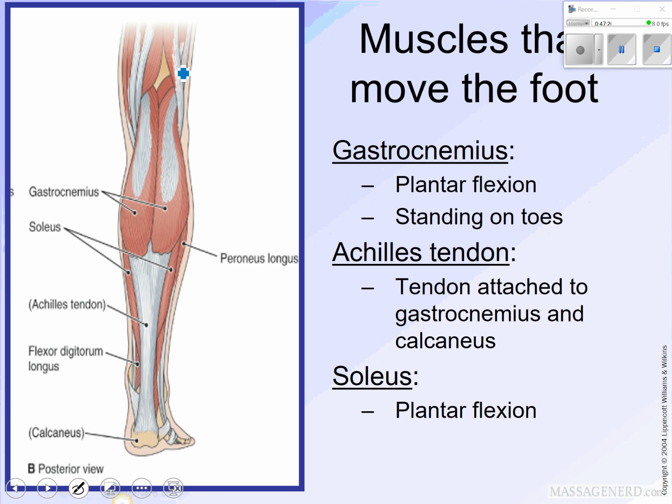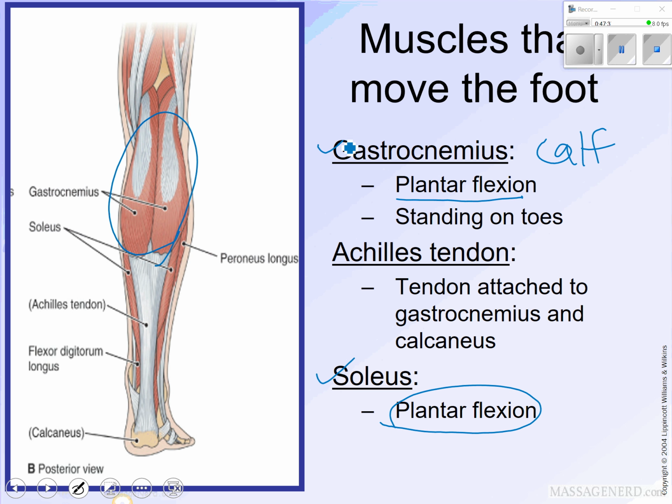Your gastrocnemius is what we refer to as your calf muscle. It allows you to have plantar flexion, and soleus does too. Soleus is the muscle located behind and underneath the gastrocnemius, and you can see a little bit on each side come out here.